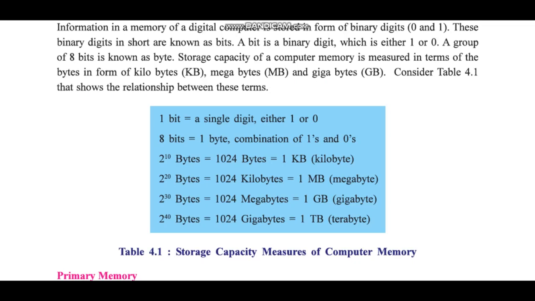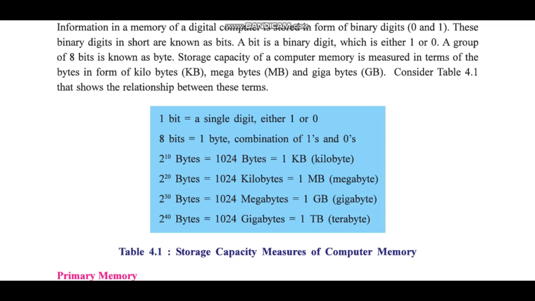2 to the power 20 bytes means 1024 kilobytes. That is equal to 1 MB. MB stands for megabyte. 2 to the power 30 bytes is equal to 1024 megabytes. That means 1 GB.